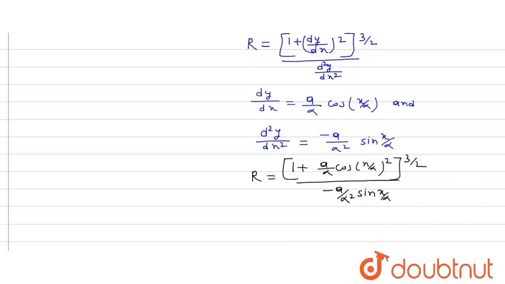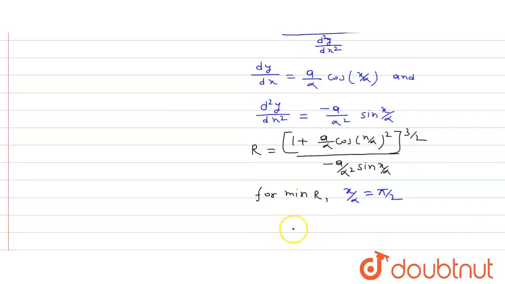For minimum r, x/alpha is equal to pi by 2. So r minimum is equal to alpha squared upon a.